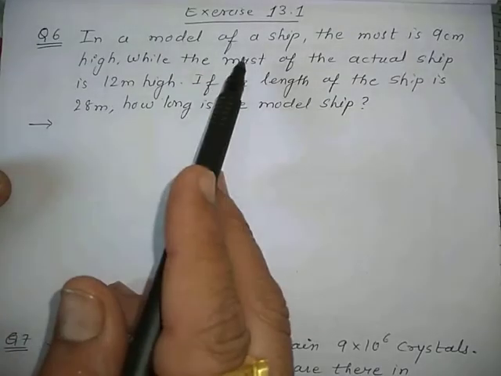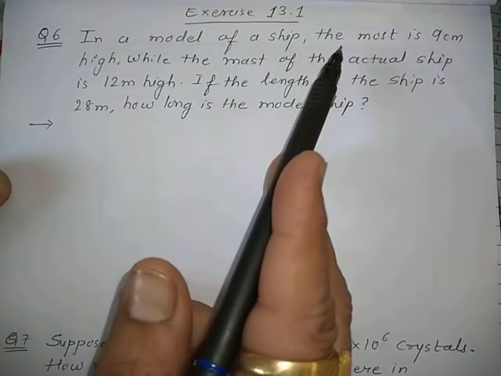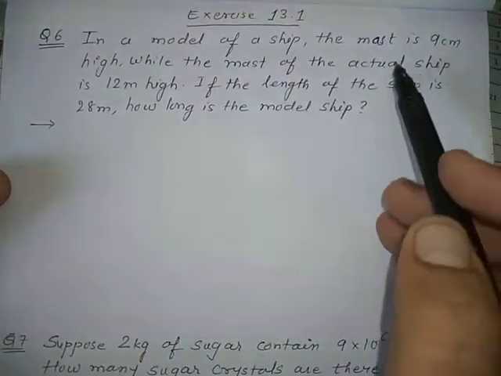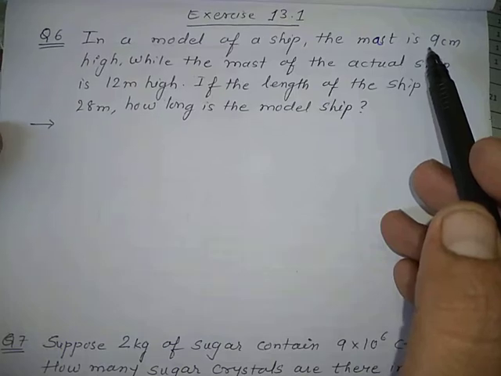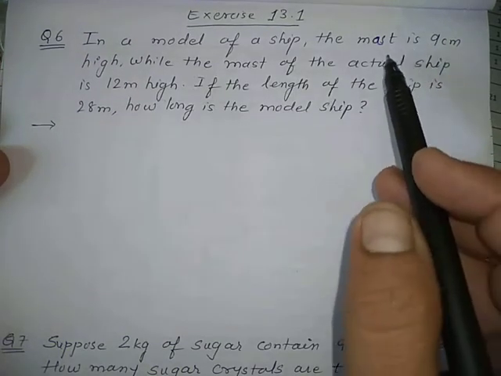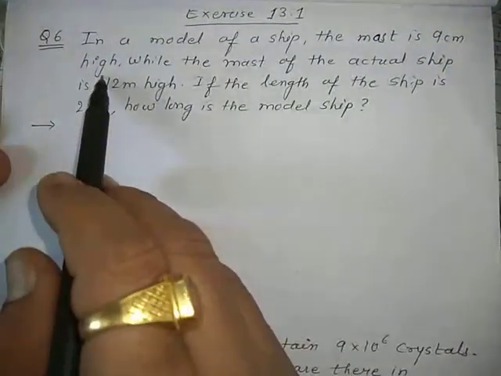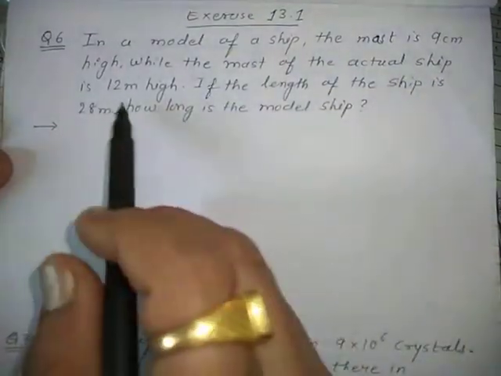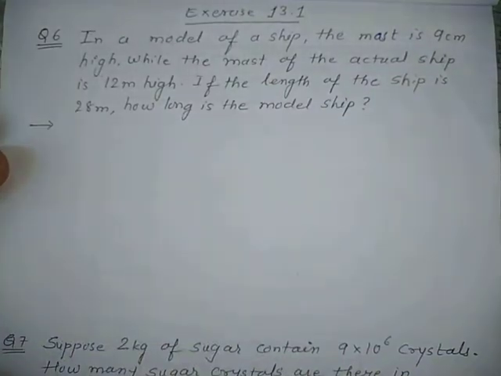Same way we can go for the next question number 6. In a model of a ship, the mast, a long pole in a sail boat, is 9 centimeter height, while the mast of the actual ship is 12-meter height.